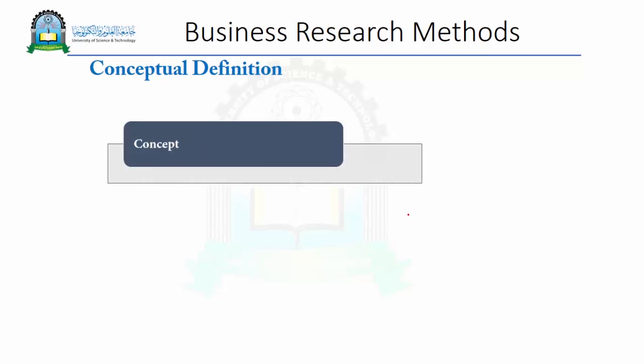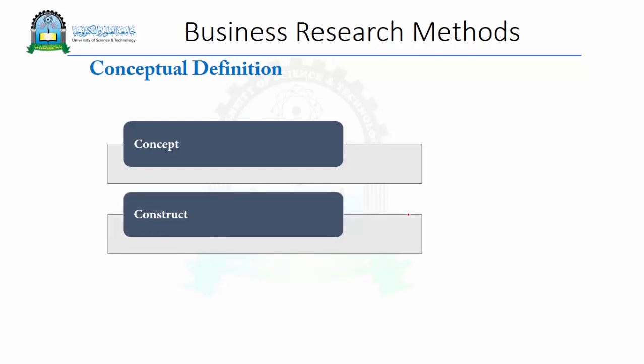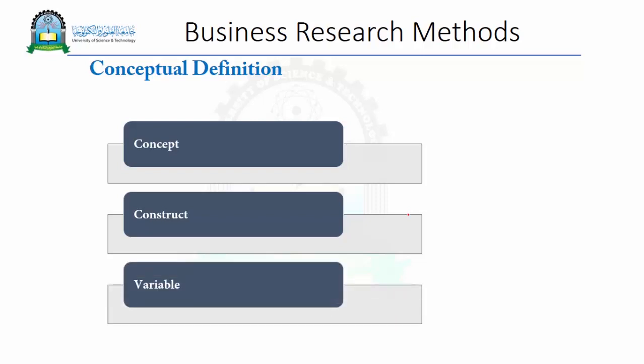So the conceptual definition of the variable is very important. The variable starts as a concept, so we need to conceptualize this variable to know the concept, what it means. Then it becomes a construct, which is giving a name to this variable or phenomenon, and to measure it, it becomes what we call a variable.